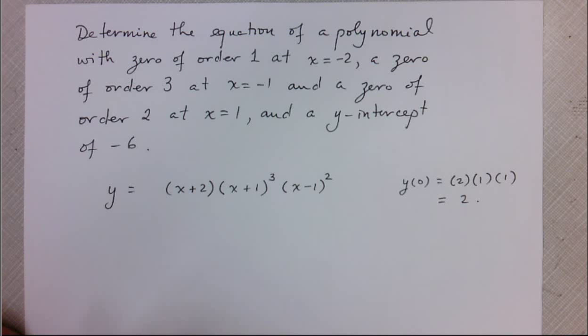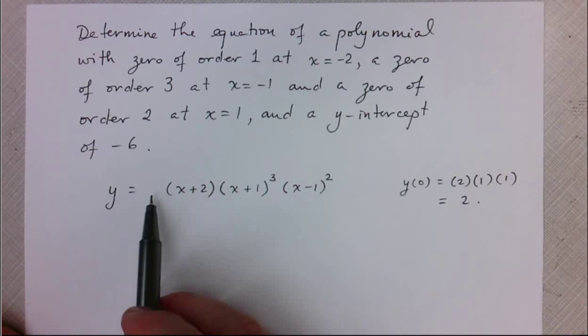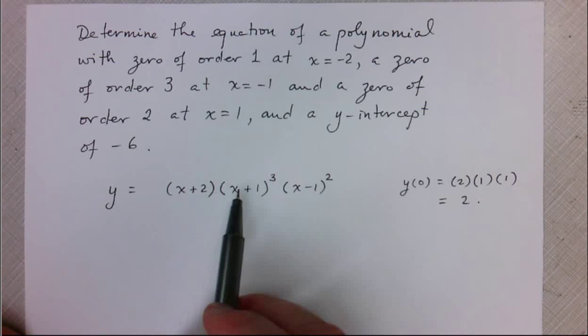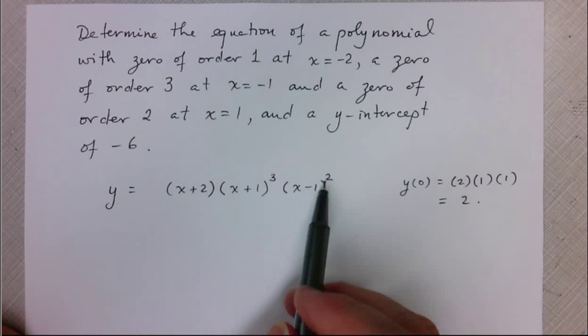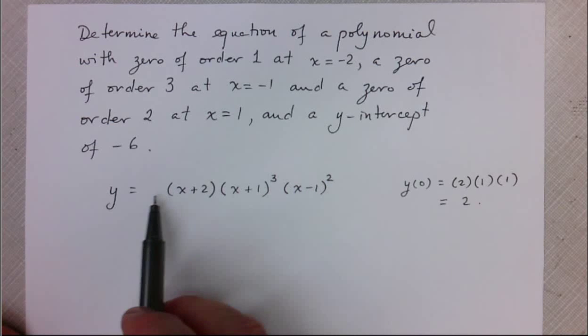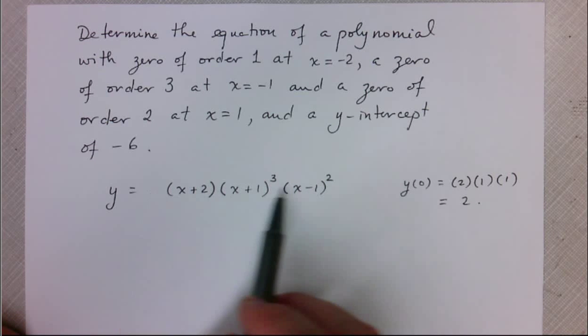This is where I want us to think that there are other polynomials that would have these exact same zeros. If I were to put a 2 in front of this expression, it would not change the fact that the function has a zero of -2, a zero of -1 of order 3, and a zero of 1 of order 2. If I were to put a -12 in front of this expression, it would still have the same zeros.